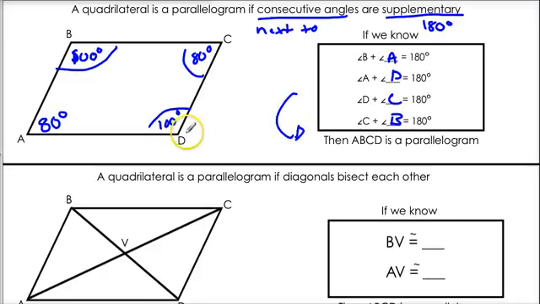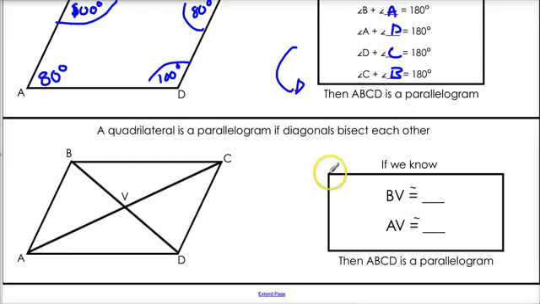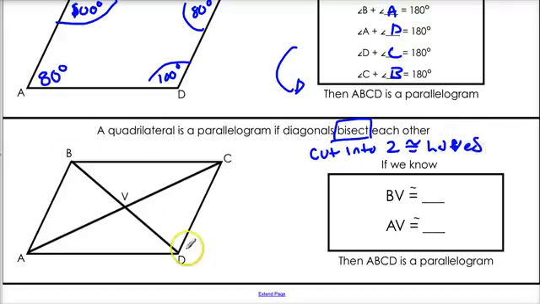And then finally, we know a quadrilateral is a parallelogram if the diagonals bisect each other. You might not have seen this word before, but it means cuts into two congruent halves. So what does that mean, that the diagonals bisect each other?